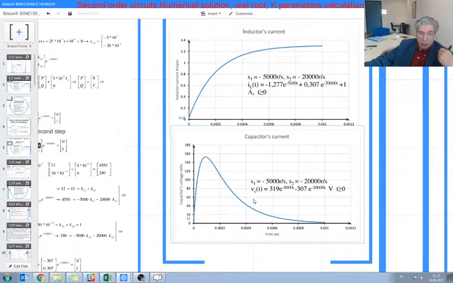When you come to the capacitor, the capacitor has a transient solution, and there is no steady solution. It is quite interesting that after 10 microseconds, the capacitor voltage reaches the highest voltage, which is 150 volts. That could be critical.